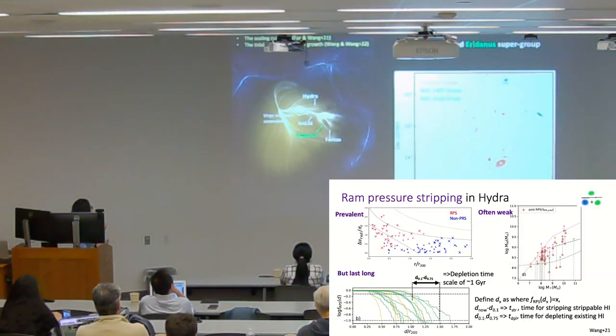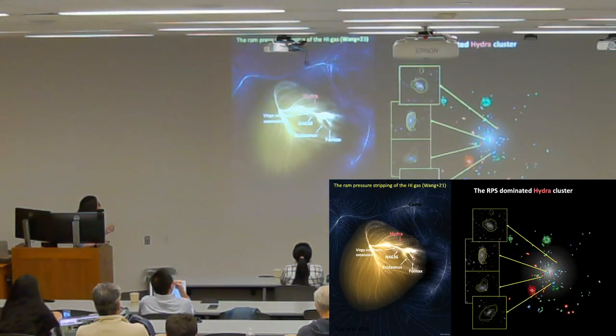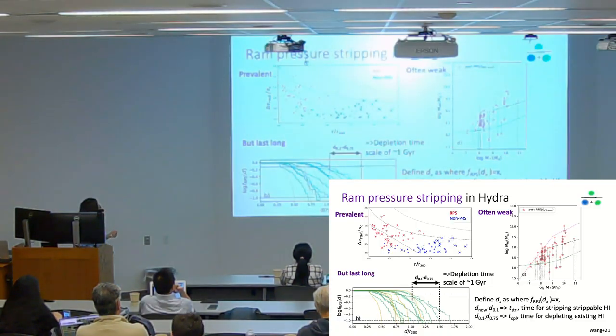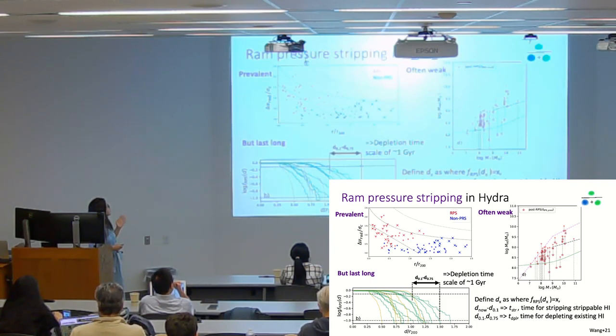Now let's get started. We first use the Hydra cluster to test our ram pressure parameters. Here are the results. The highlight is the characterization of weak ram pressure stripping effects. With this F parameter, the fraction of strippable H1, we're able to identify ram pressure stripping galaxies, the galaxies which have F_RPS larger than 10%.